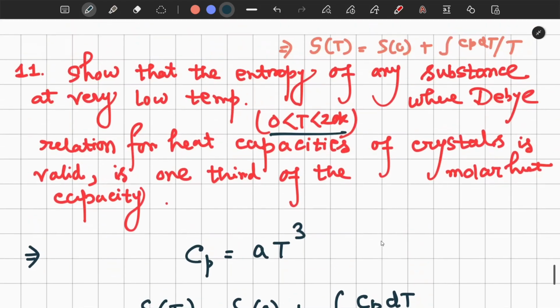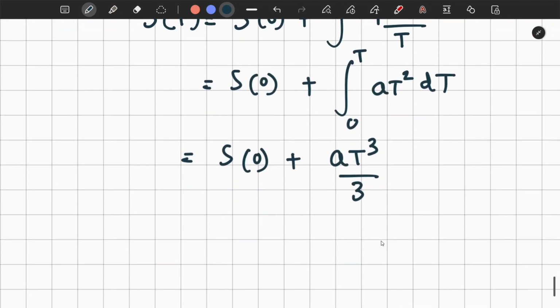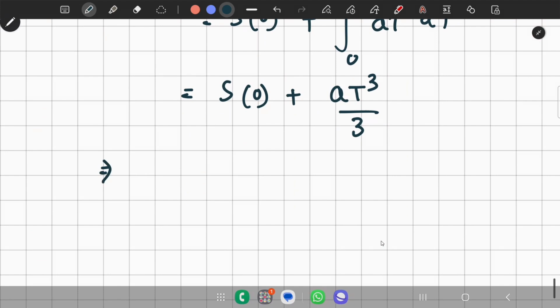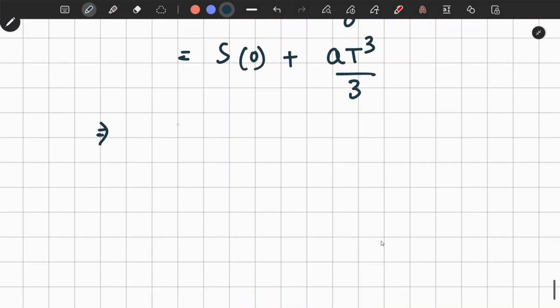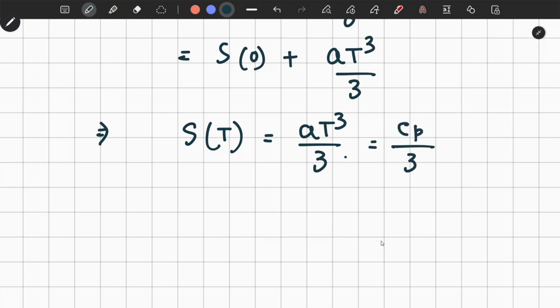And now if it is a perfectly crystalline solid, then S(T) will be this. So it is the third order. So what is Cp by 3? Is it clear?